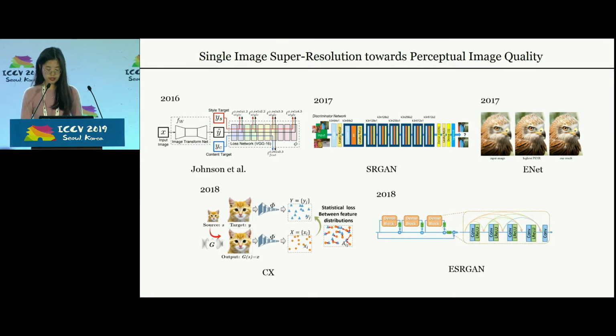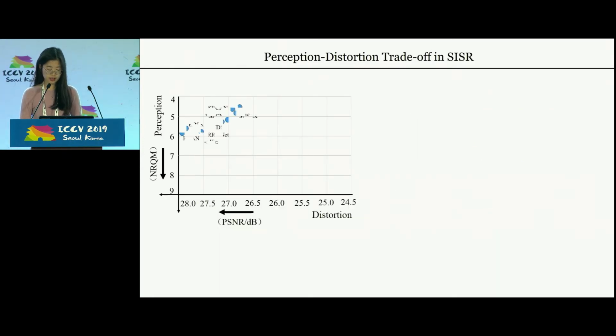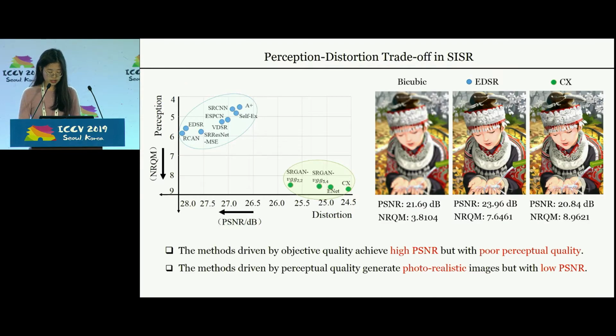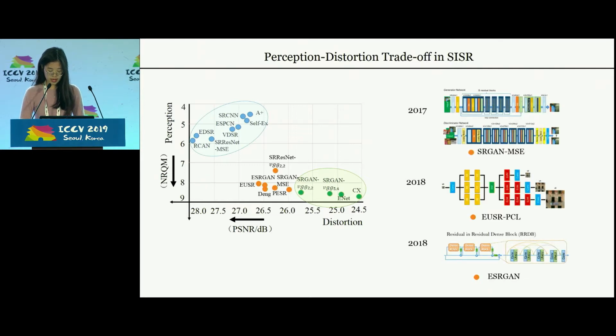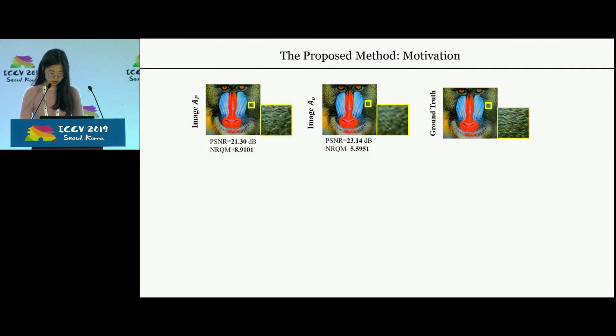If we draw these methods in a perception-distortion plane, we can see that the methods driven by objective quality usually have poor perceptual quality, while the methods driven by perceptual quality can generate photorealistic images, but with very low PSNR. Recently, there have been some methods which aim to achieve a trade-off between these two, like SR-GAN MSE. In this work, we aim to further push forward the trade-off between the perception and distortion.